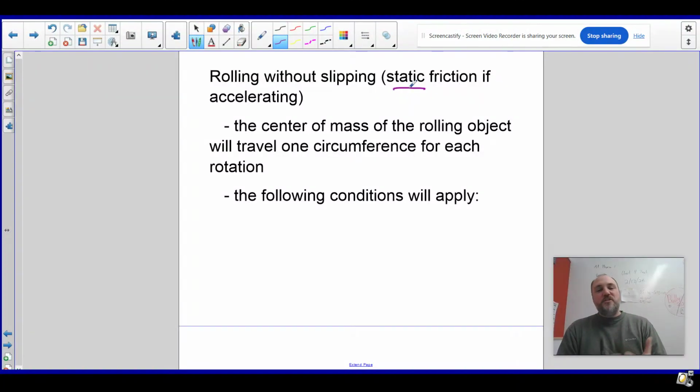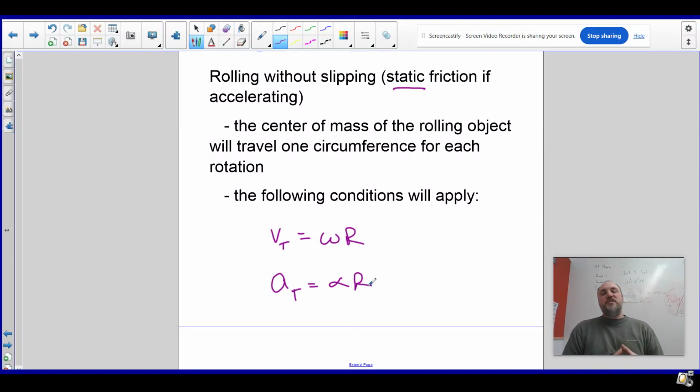And when those conditions hold, then we know that the translational velocity of the center of mass is going to be equal to omega r. It's going to be related to the angular speed of the rotation of the wheel. And we also know that the translational acceleration is going to equal alpha times r.